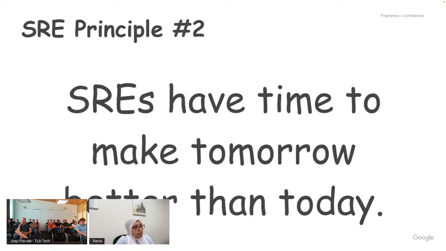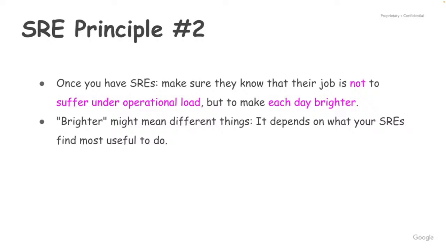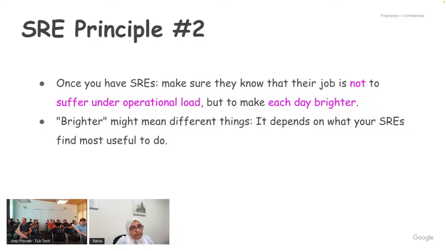The second principle is to make things better. I mean, make tomorrow better. Because we want people to make tomorrow better, we cannot expect suffering people to do it. That's why I was talking about toil in the earlier principle.